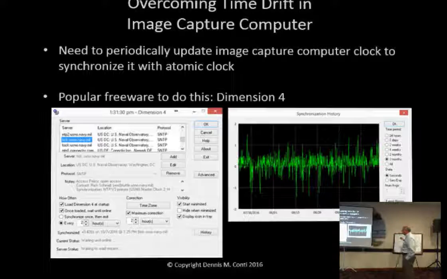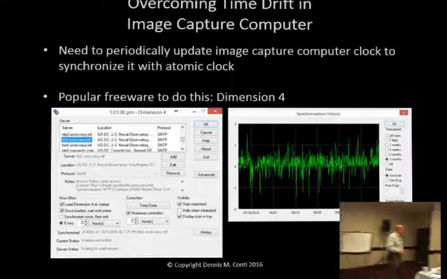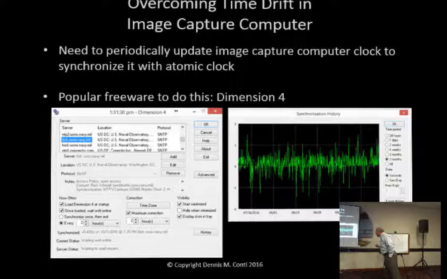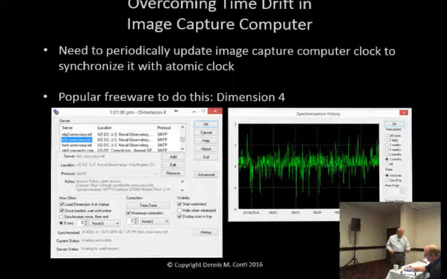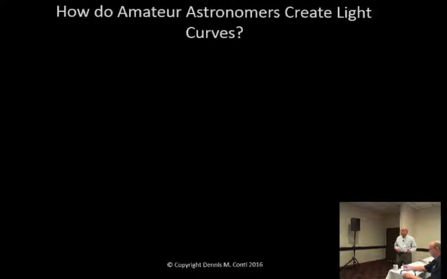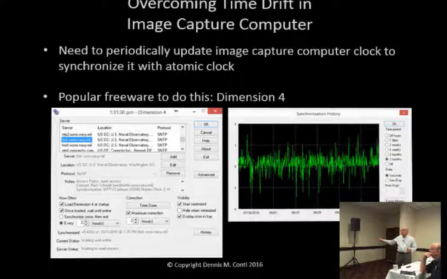You can see the updates and corrections it was making over a period from July 28th till September 26th. What was the delta time scale? From that line to that line is 1 second. So that's plus or minus 1 second, so a 2 second offset, which could be a big deal if we're doing transit time variations.